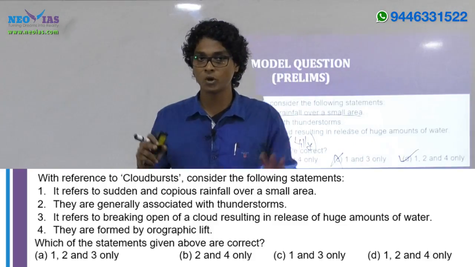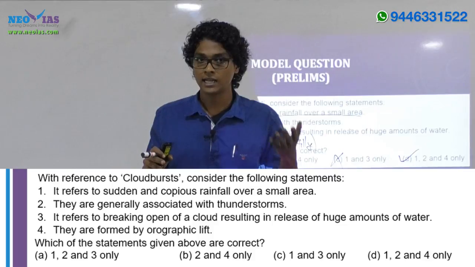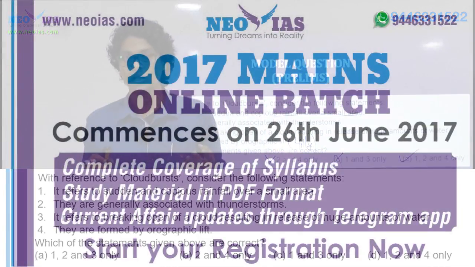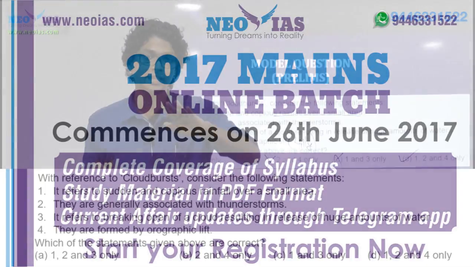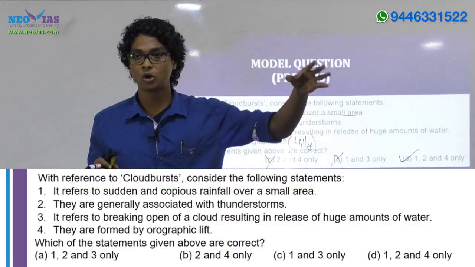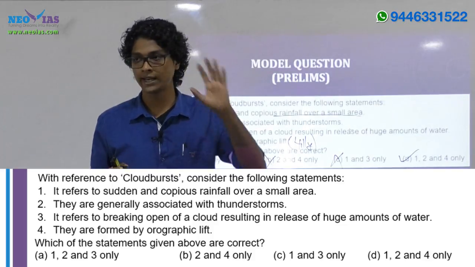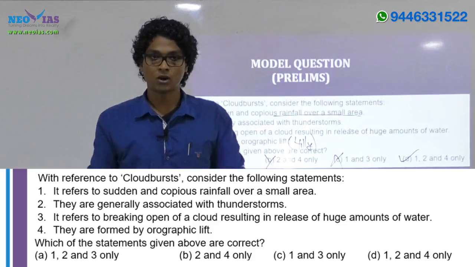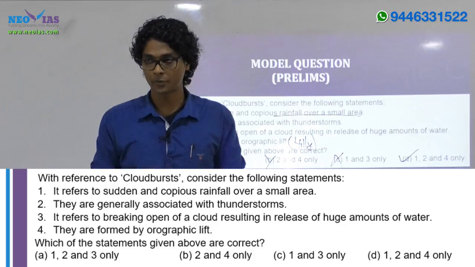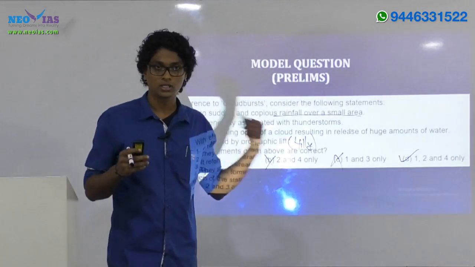It doesn't mean that it's impossible. Difficult in the sense that, since they are small-scale weather events, to predict cloudbursts we would need weather stations within a span of, say, 2 or 3 kilometers. That is really expensive, so cloudburst events are difficult to predict. So this is all about the cloudburst.